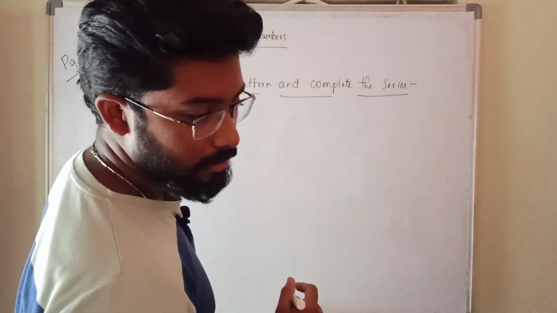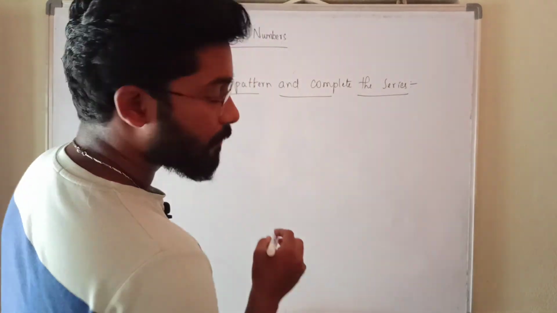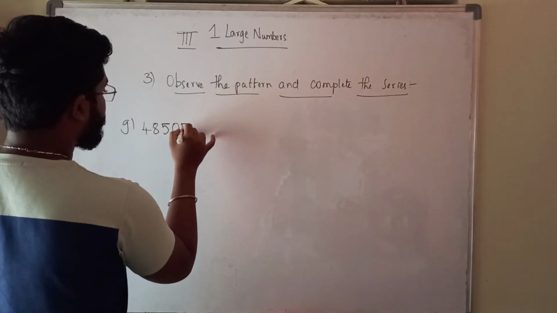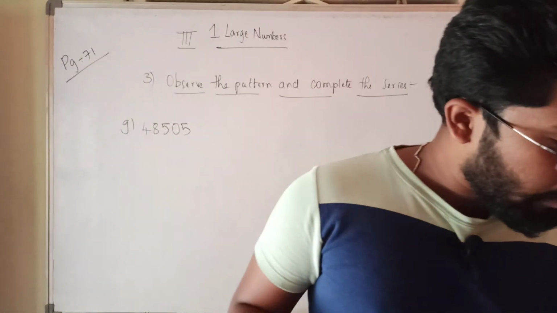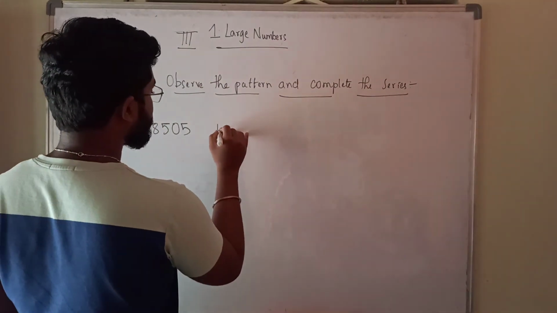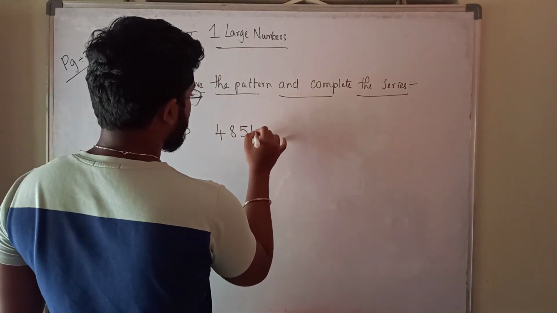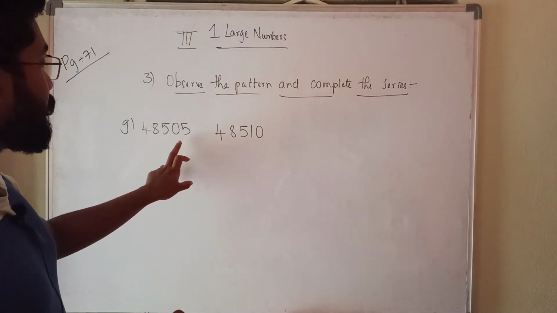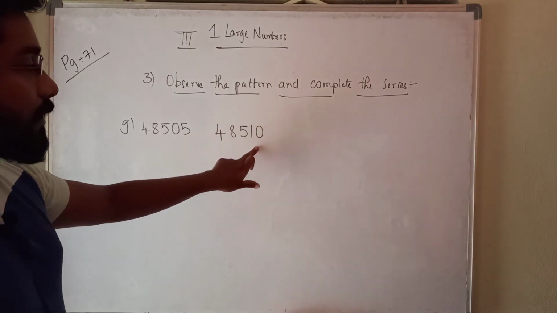First one is 48,505. So we have to skip 5 here, no? He has directly given skip 5. 48,505, 48,510. If you are adding plus 5 to here, you will get this one.